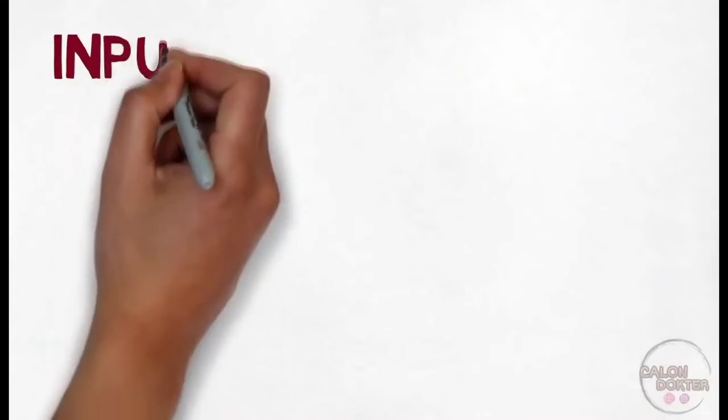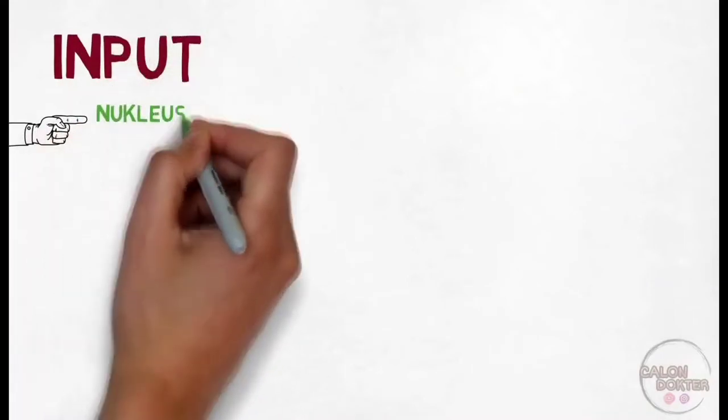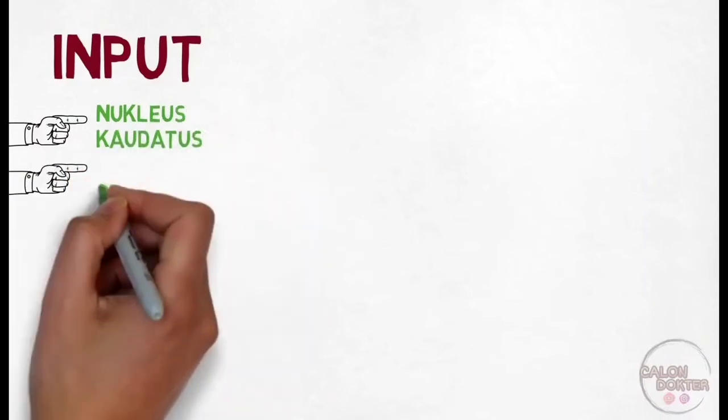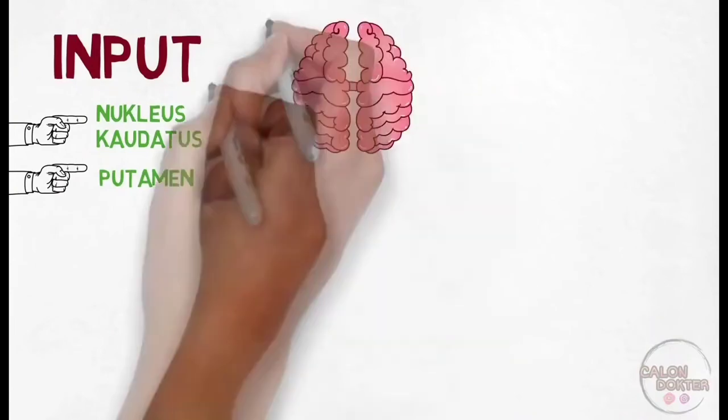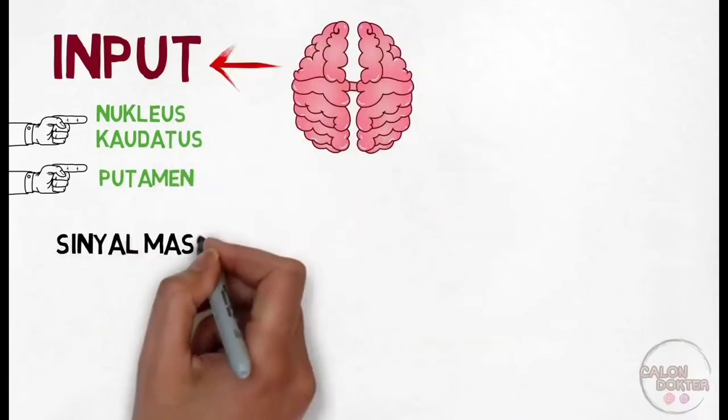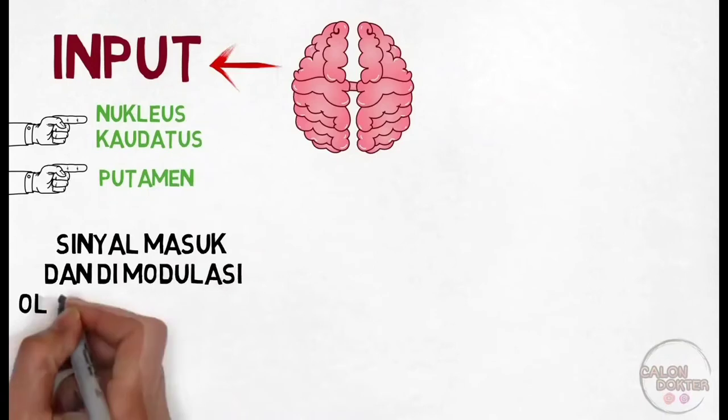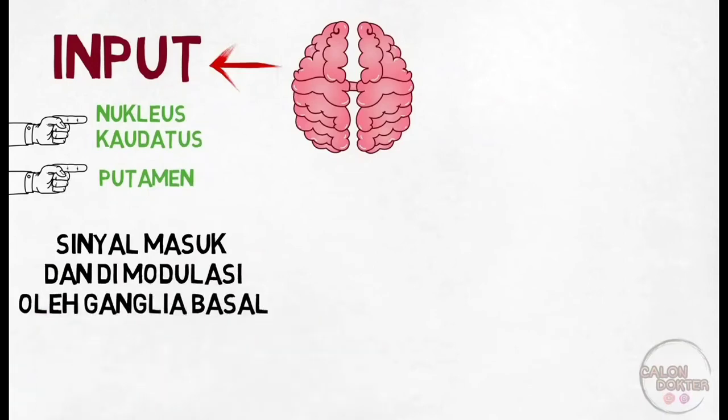Ganglia basalis memiliki sistem input dan output. Sistem input terdiri dari striatum, yaitu nukleus caudatus dan putamen, di mana di sini sinyal dari korteks motorik akan masuk dan dimodulasi oleh ganglia basalis.